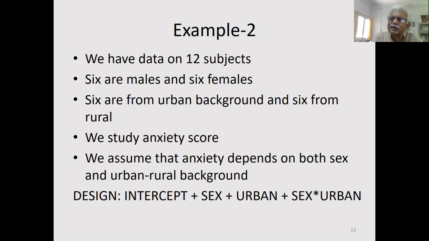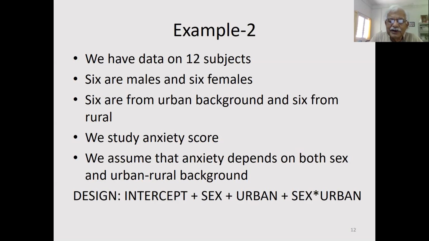Intercept is some kind of overall or grand mean plus the effect of sex plus the effect of urban-rural residents plus the interaction between sex and urban-rural residents. That is why sex multiplied by urban is written.